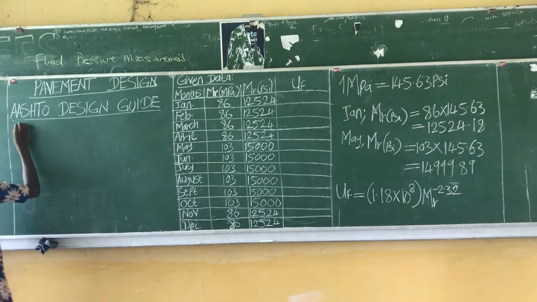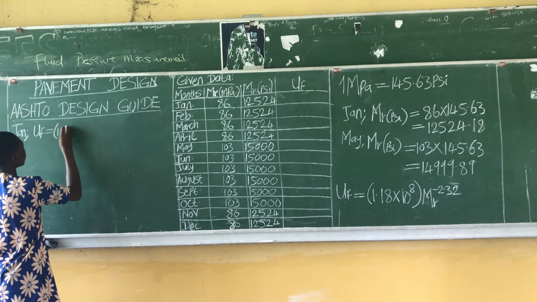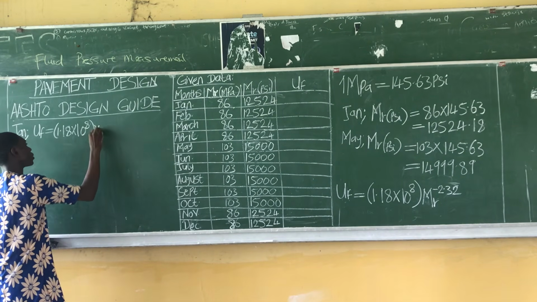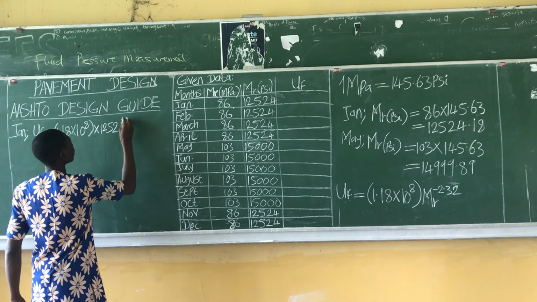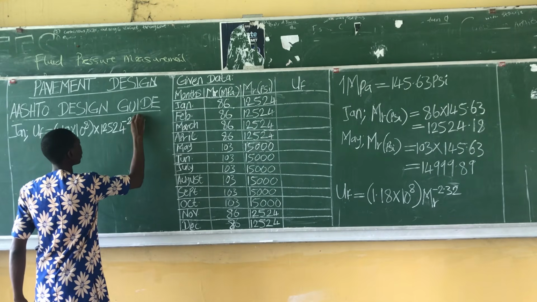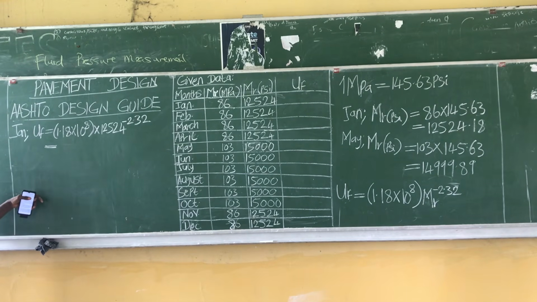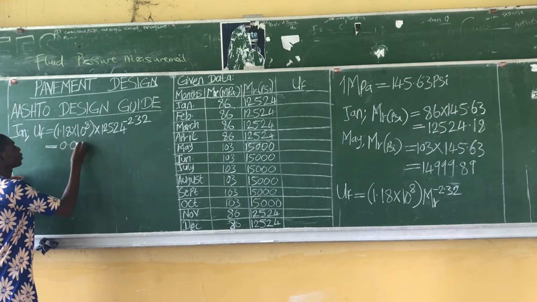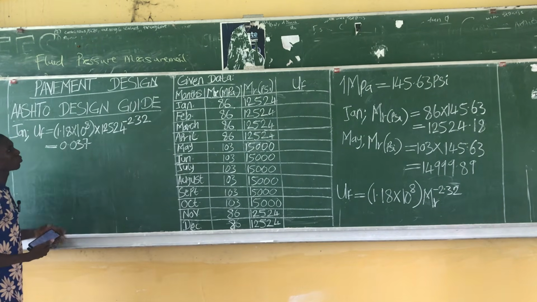So for the month of January, we have our relative damage factor equal to 1.18 times 10 raised to the power 8, all multiplied by 12524 raised to the power minus 2.32. That gives 0.037. Let's go with 0.037.